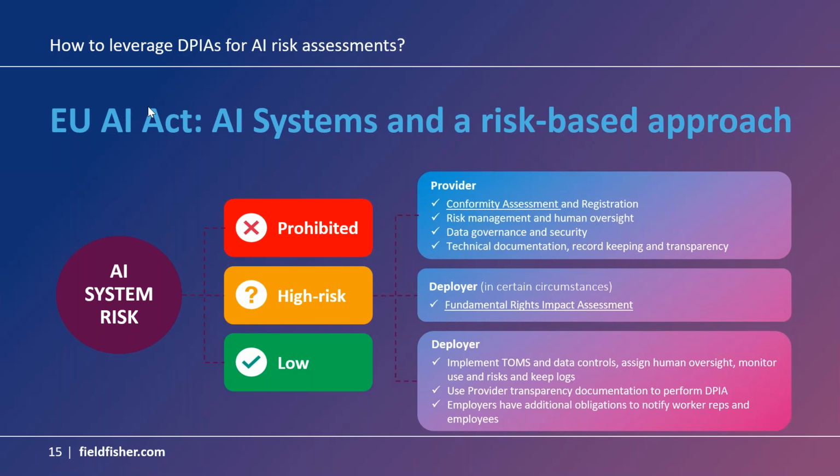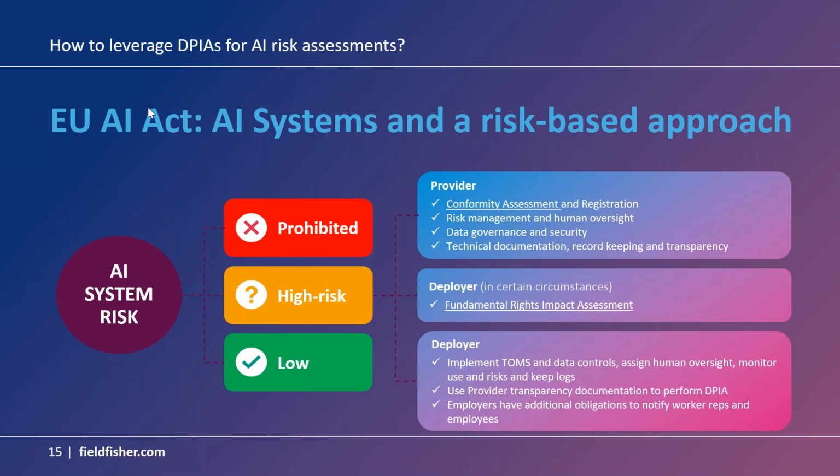Interestingly, the EU AI Act also sets out that deployers of high-risk AI systems should use the information provided by developers of the AI systems, following the transparency requirements, when they carry out their DPIAs. So this demonstrates another area of overlap between the AI Act documentation and the GDPR DPIAs.